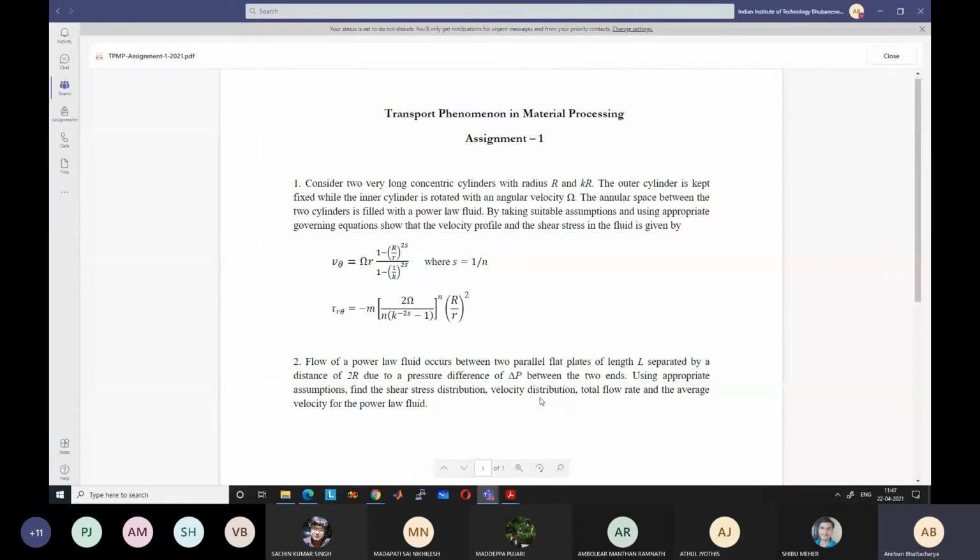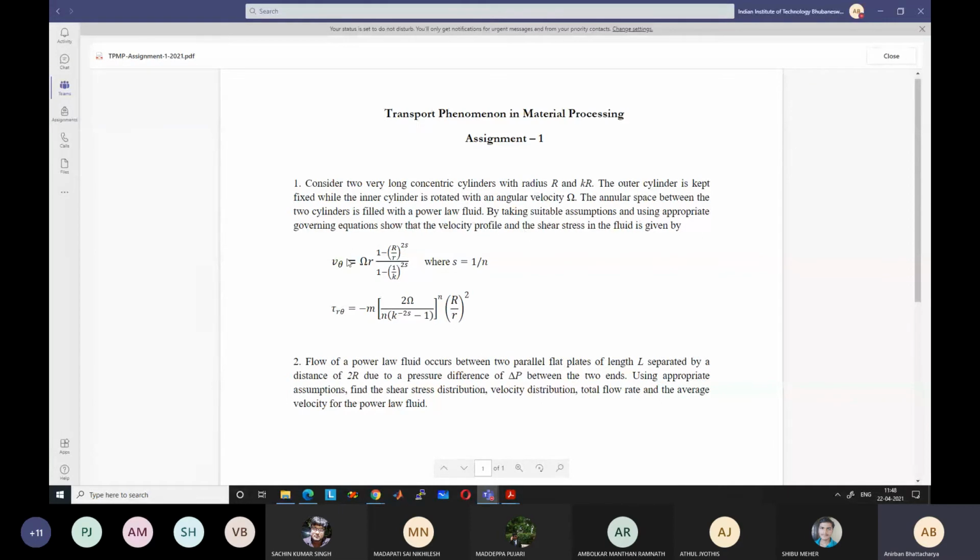So one problem is, consider two very long concentric cylinders, one with radius capital R and one with radius kR. The outer cylinder is kept fixed while the inner cylinder is rotated with an angular velocity omega. The annular space between the two cylinders is filled with a power law fluid. By taking suitable assumptions and using appropriate governing equations, show that the velocity profile and shear stress in the fluid are given by these expressions.